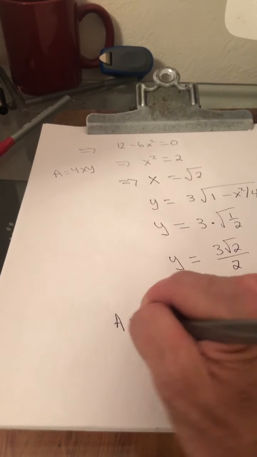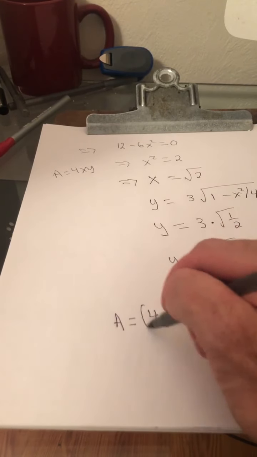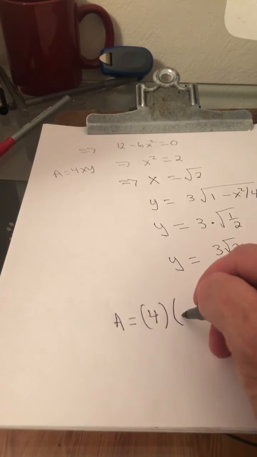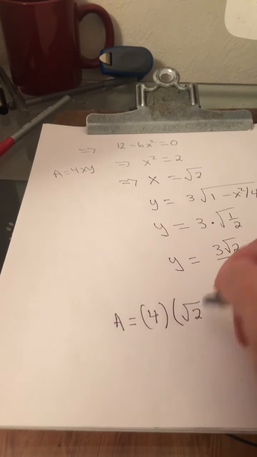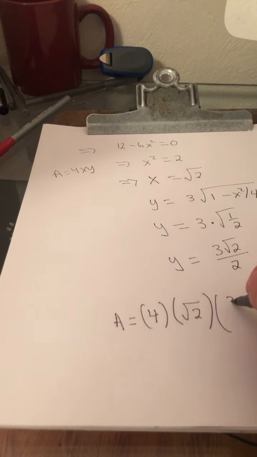So area is 4 times x, which is the square root of 2, times y, which is 3 times the square root of 2 over 2.